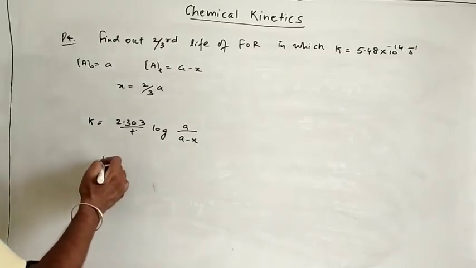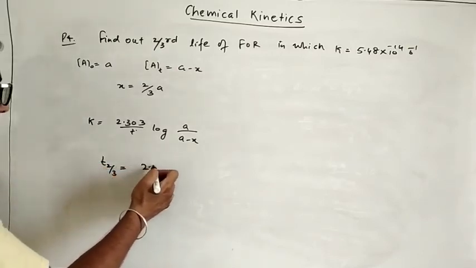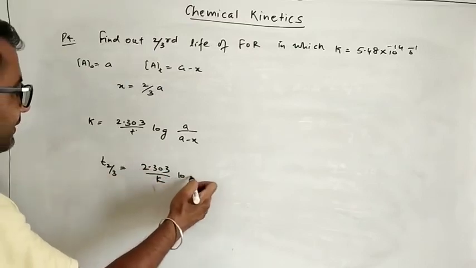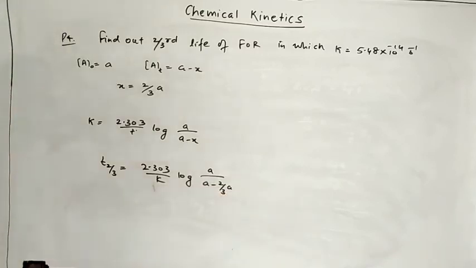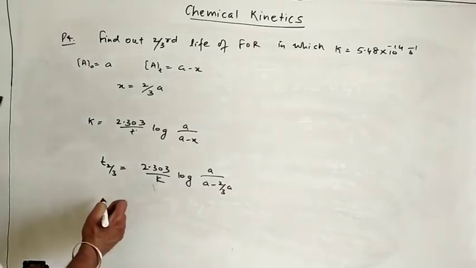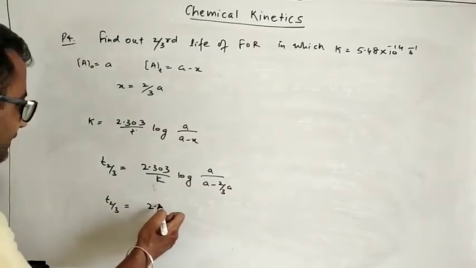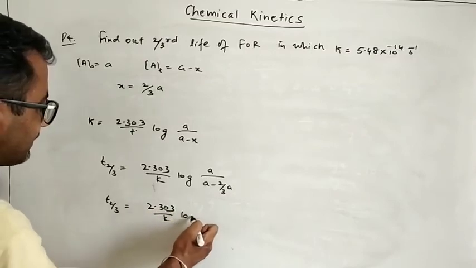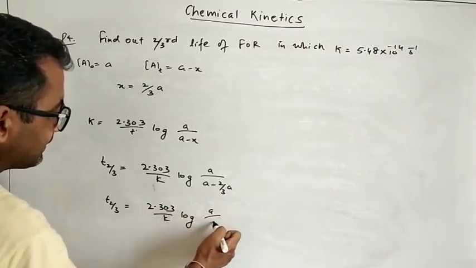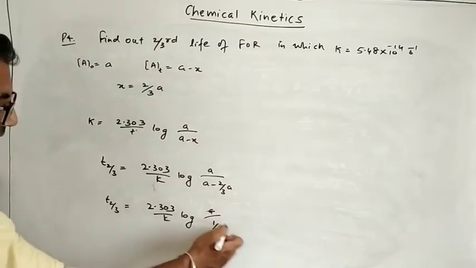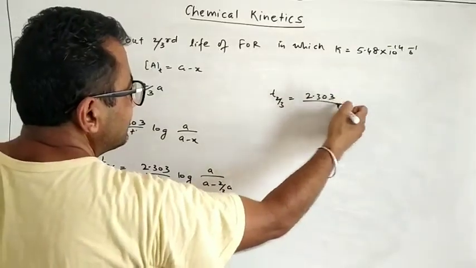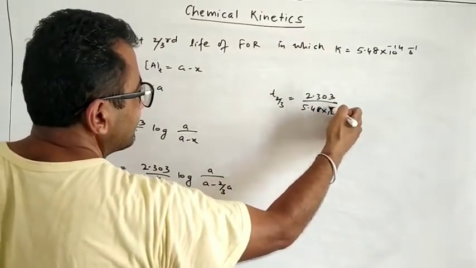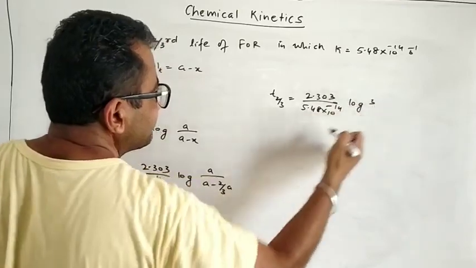So T2 by 3 equals 2.303 by k log A upon A minus 2 by 3 A, which is 2.303 by k log A upon 1 by 3 A. A cancels out and 3 goes up.